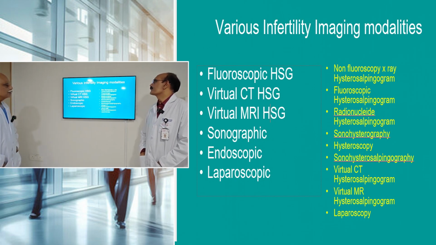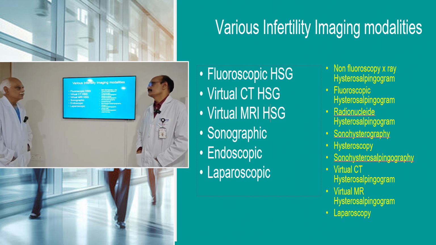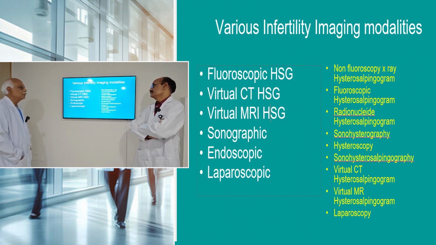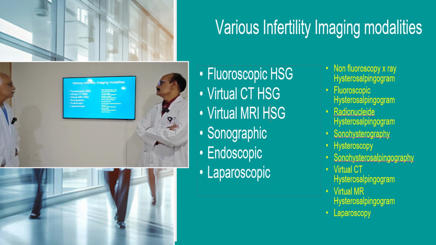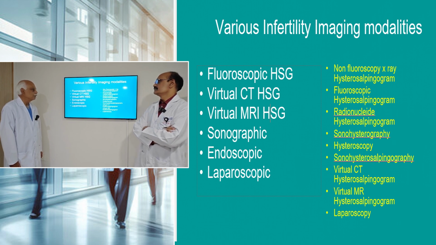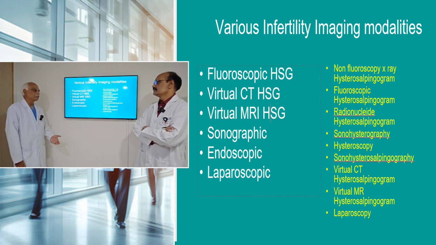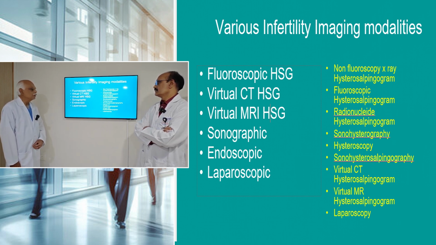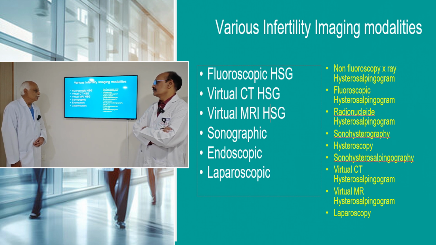And what are the various imaging modalities used in the infertility workup? One is fluoroscopic, which is what we do, the fluoroscopic hysterosalpingogram. There are also virtual CT, virtual MR, and various sonographic procedures, SIS being one, and endoscopic procedures, that is hysteroscopy and laparoscopy.